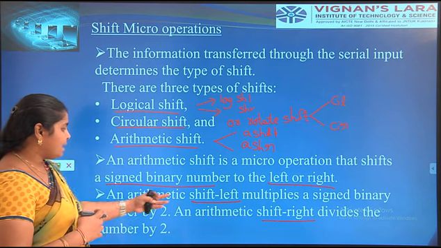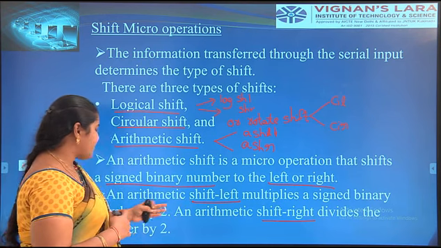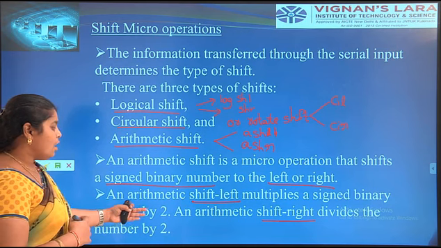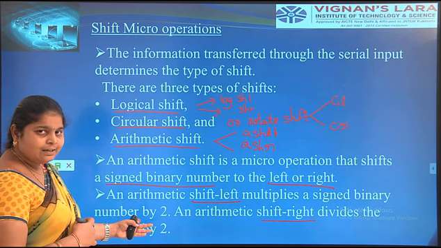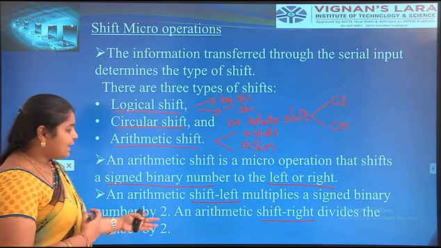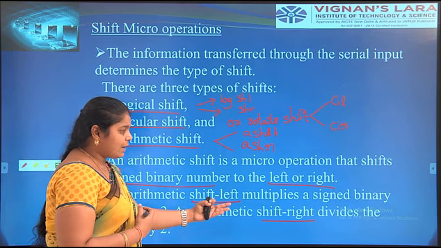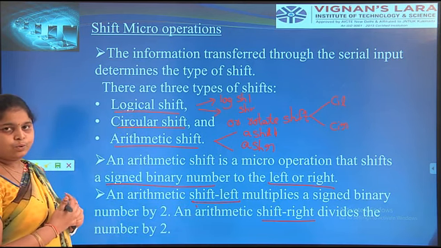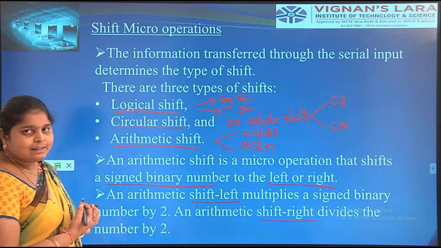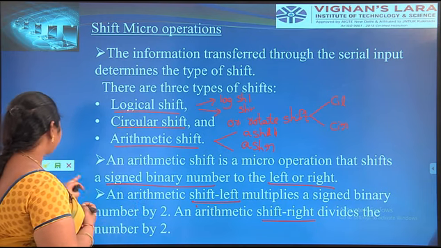Arithmetic shift left multiplies the signed binary number by 2. That is shift left. Arithmetic shift right divides the number by 2, that is, the binary number is divided by 2.